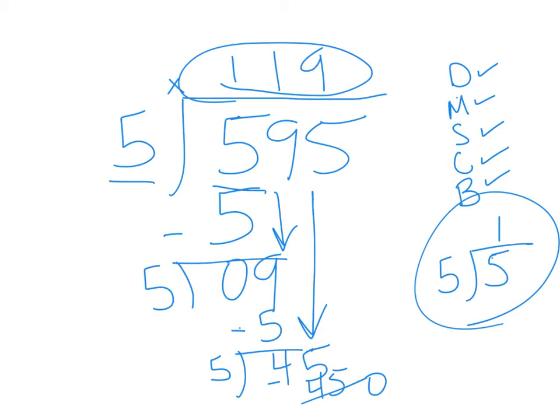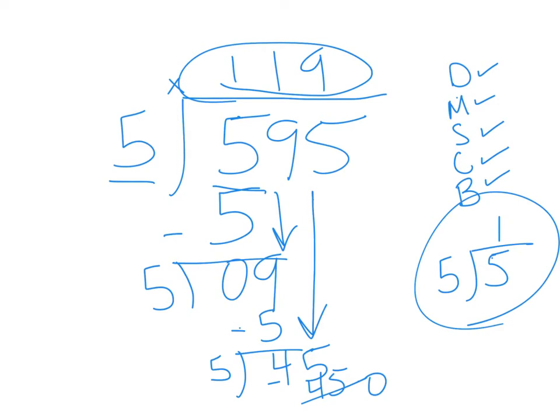I could reverse it. I could think, well, if I had 595 marbles, I could have 119 groups. And then in each of those groups, there would be 5, because this is a problem where 5 equally went into 595. And so you'd go back to multiplication at this point.